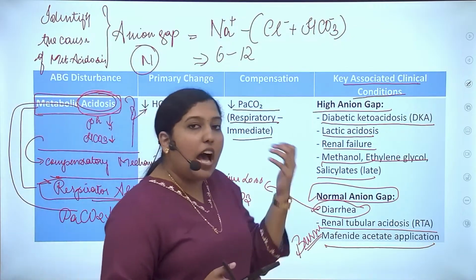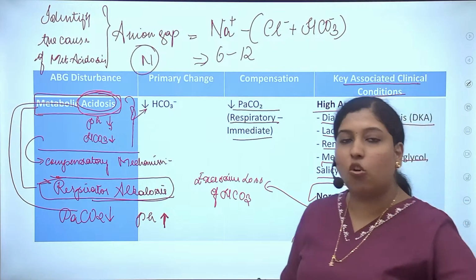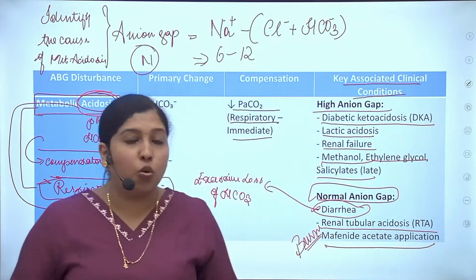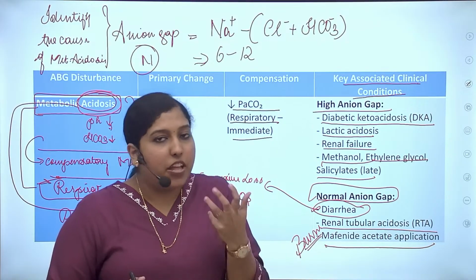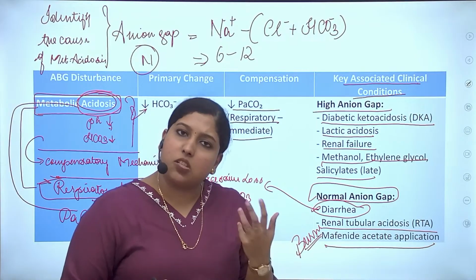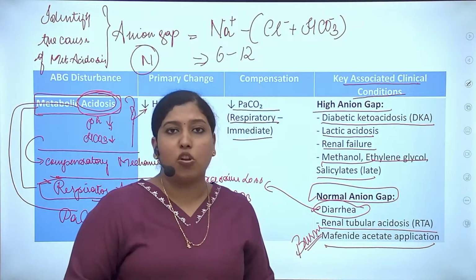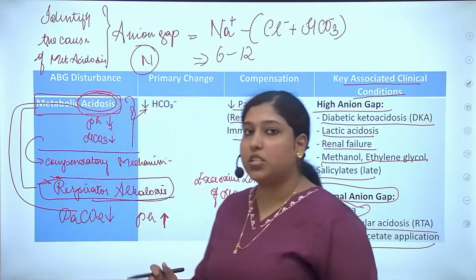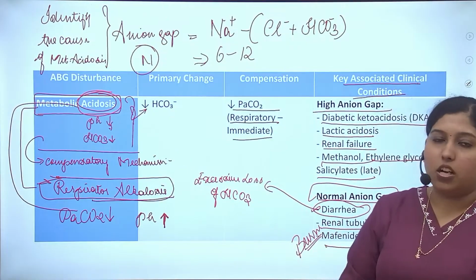Whenever the base is lost, the HCO3 is lost. As I said, HCO3 reabsorption is happening in the kidney only. When there is a problem in the kidney, there will be excessive base loss, that is HCO3 loss. In diarrhea also there will be excessive HCO3 loss, which leads the patient to the acidotic state, that is termed metabolic acidosis.